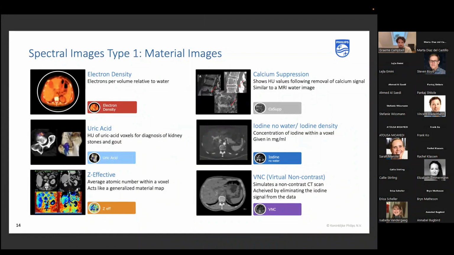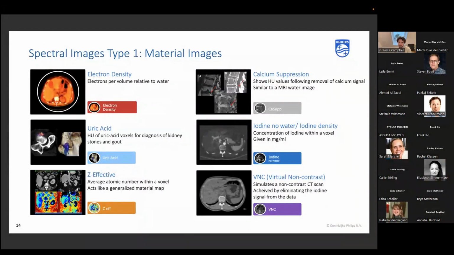So why is that a good thing? Well, normally, if you're looking at enhancement, if you want to see if there's a lesion that's metastatic, you would do a non-contrast scan, a contrast scan, and compare them. That's 2 scans, double the radiation. If you can do a virtual non-contrast, you scan once with contrast agent, and then you can remove it virtually and look to see if that enhancement occurred.